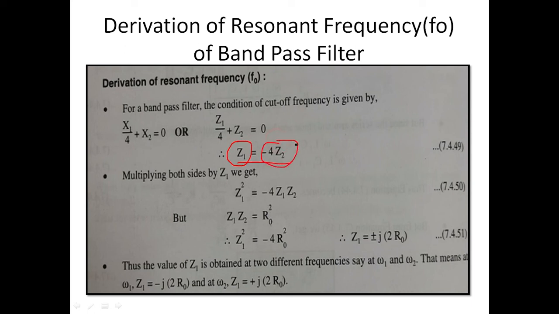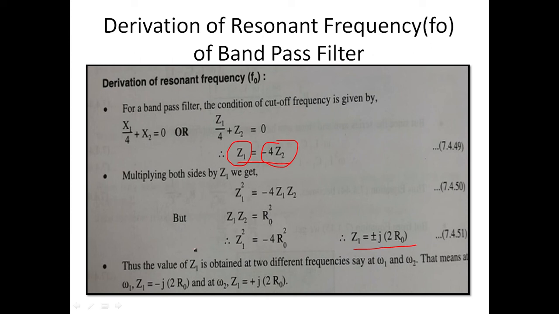because of that there is a provision to arrange the equation such a way that we find the design impedance, so that Z1² is equal to −4 Z1Z2, and Z1Z2 is equal to R0². That's why Z1² is equal to −4R0², and taking the square root on both sides, Z1 is equal to ±2jR0.